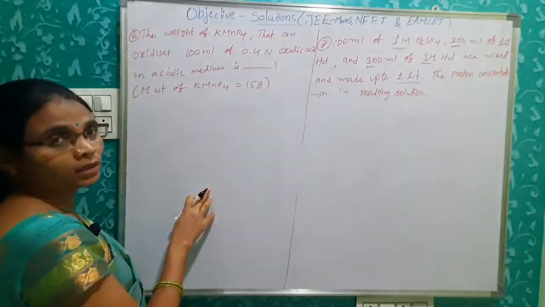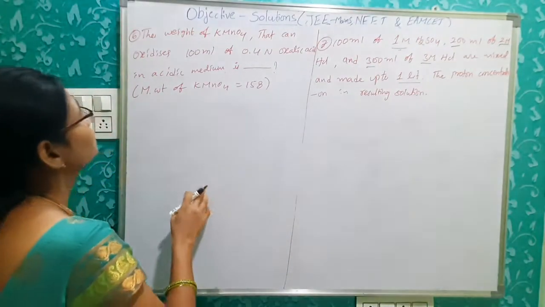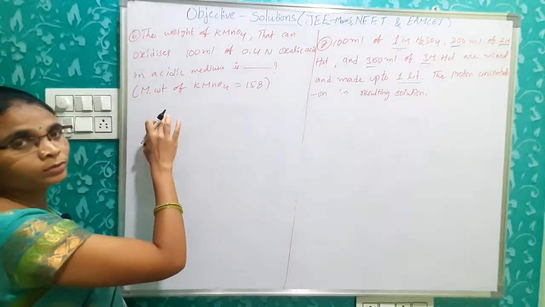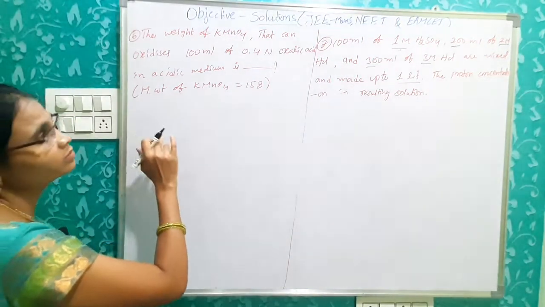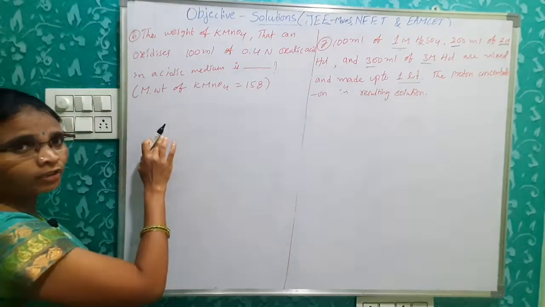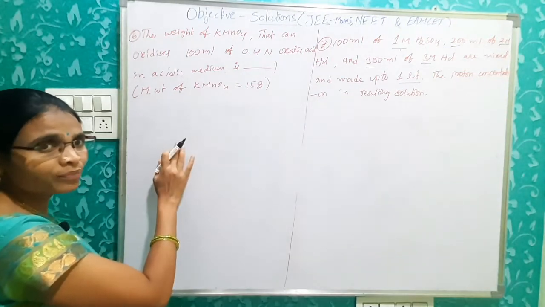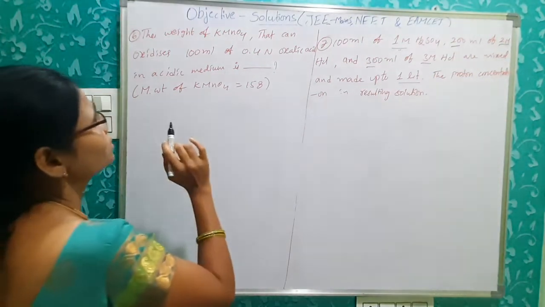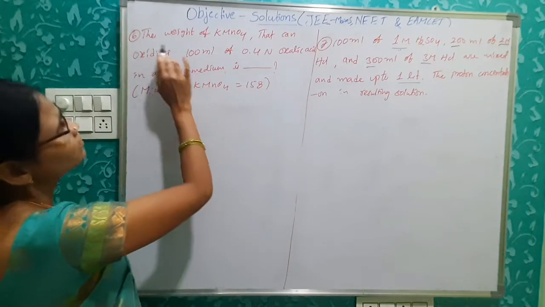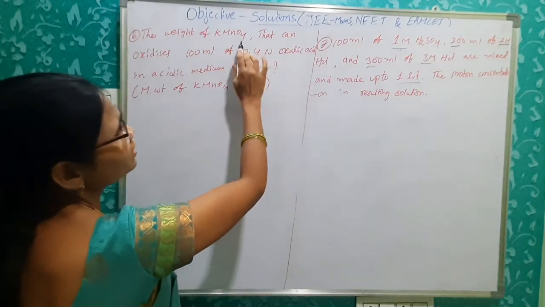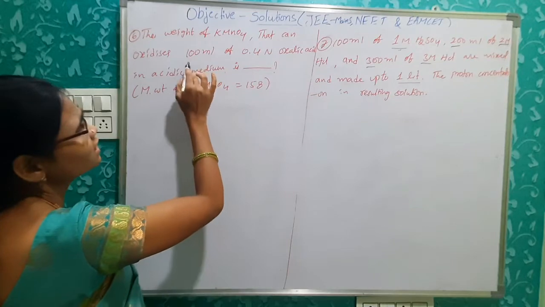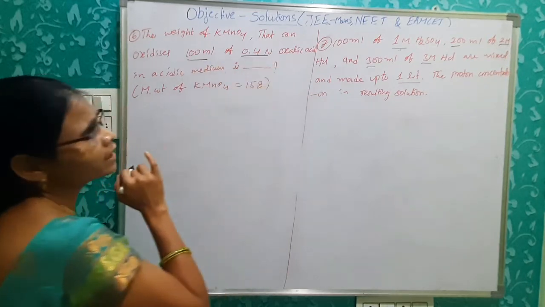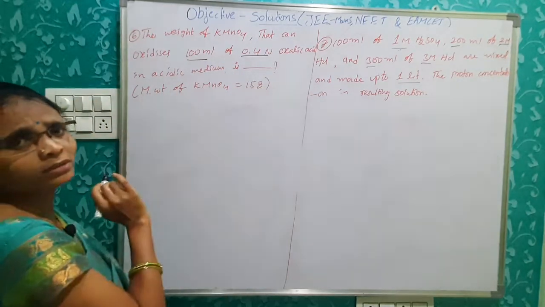Next, sixth problem. It is similar to the previous problem, the fifth problem. So see, I will give you a hint and you have to do it. Okay, and write the answer in the chat box. First of all, the weight of KMnO4 we have to calculate, that can oxidize 100 ml of 0.4 N oxalic acid in acidic medium.